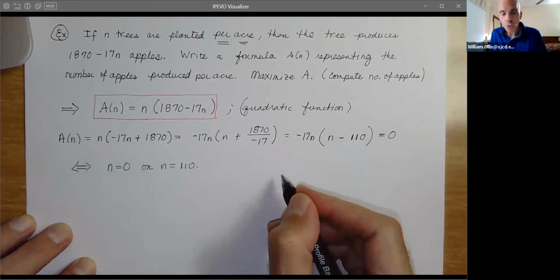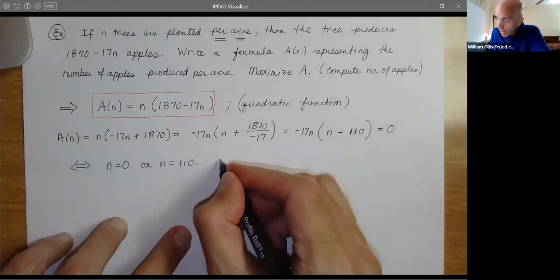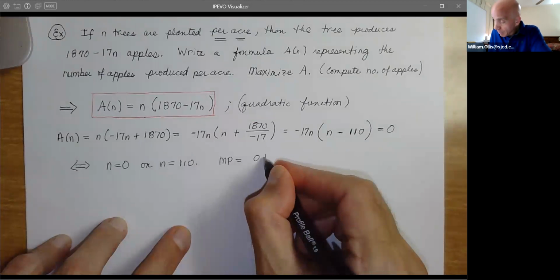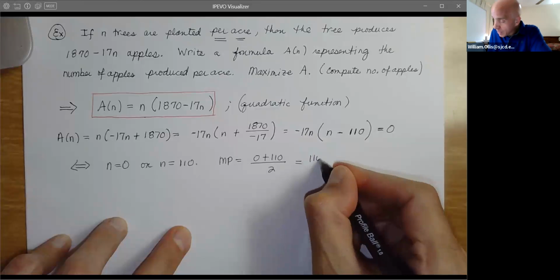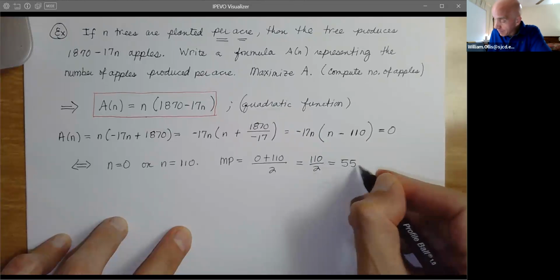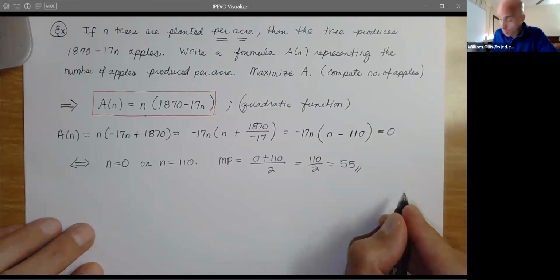All right, so if you compare this to the last one, we've done exactly the same thing. So now the midpoint will be 0 plus 110 over 2, which is 110 over 2, which gives us what? 55. So this says we need 55 apples per tree.